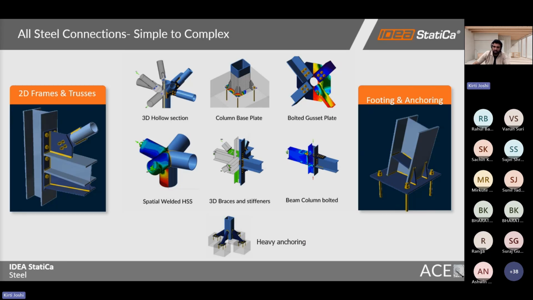You can take any of the templates and keep editing it to any typology and loading. In a real project, we often see multiple members meet at different angles, making manual design difficult. IDEA StatiCa allows us to model this real geometry directly, visualize the stress flow in your plates, bolts, or welds, and perform your code check in just one platform.